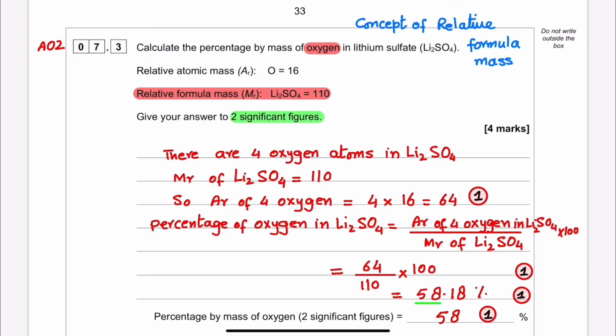So we can see here in lithium sulfate, oxygen is contributing 58.18% by mass. But we need to give our answer to two significant figures. So we look at the first significant figure, that is 5 and 8. By rounding it, we get the answer as 58% by mass of oxygen.